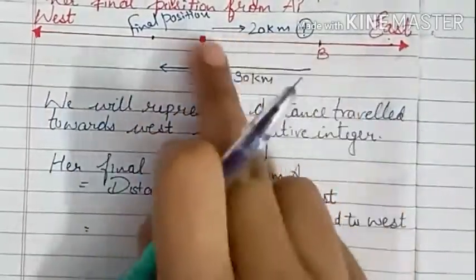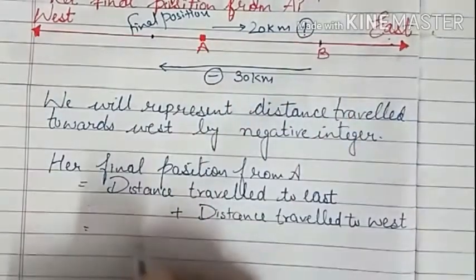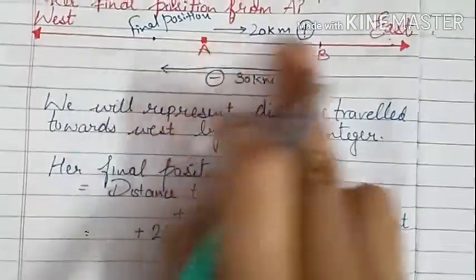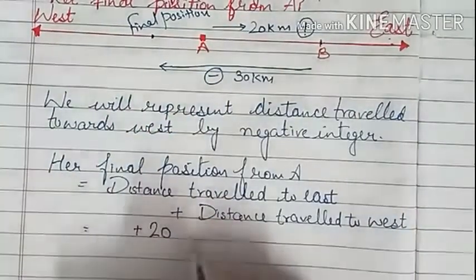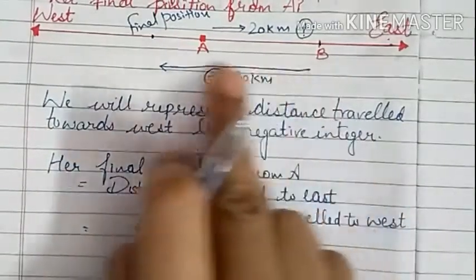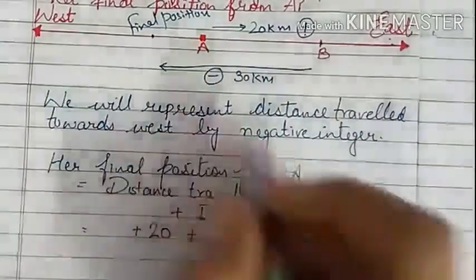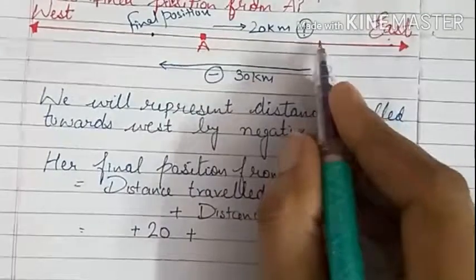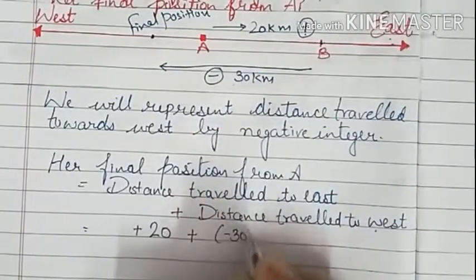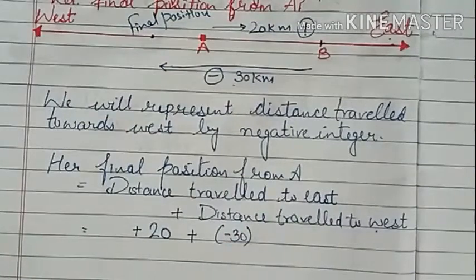Because we have represented the eastward distance by a positive integer, we will write here plus 20, travel towards east. Then plus distance traveled towards west, that is represented by minus sign. So this distance from B to this point will be minus 30.